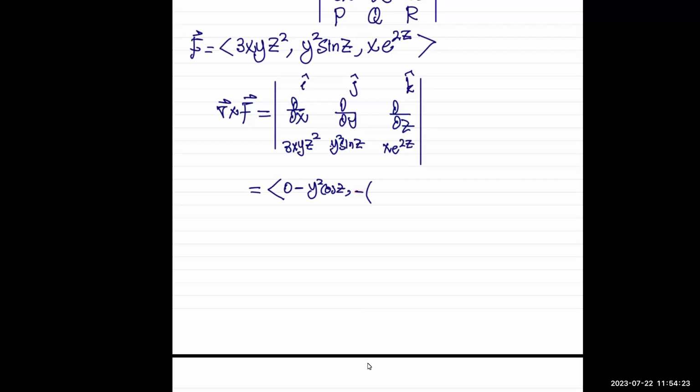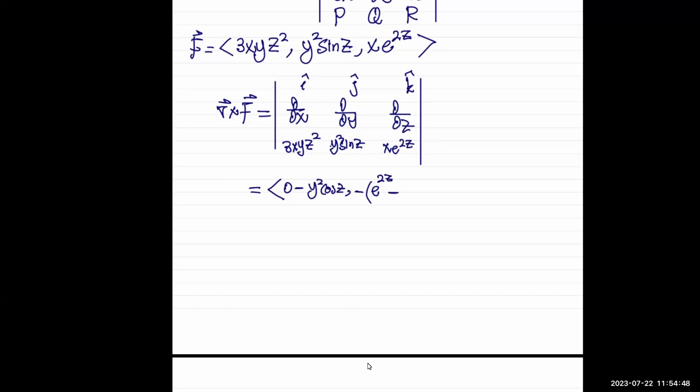We got now the derivative with respect to x of e to the 2z. Here again, we have an x, so e to the 2z is constant. The derivative of x is 1. Therefore, the answer is e to the 2z.